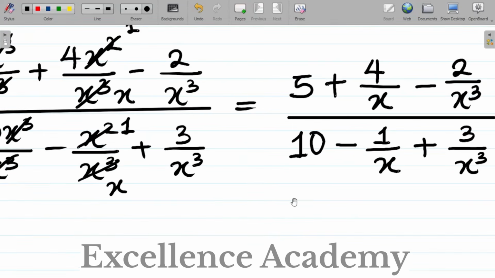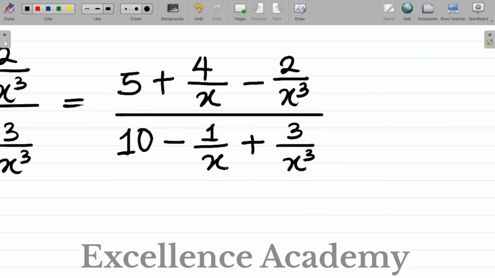What do you do next? Your next task is to let x be equal to 0. So wherever I see x, I'll put 0.